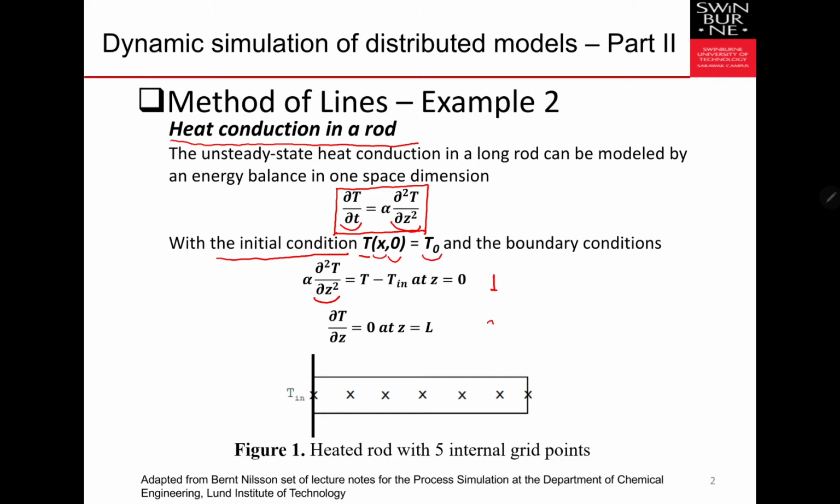The second boundary condition is called the von Neumann boundary condition, where the derivative has a given value at the boundary. The value in this case is 0. Then we have 5 internal grid points here: 1, 2, 3, 4, 5. This one is the value of the temperature at the inlet of the rod, basically.